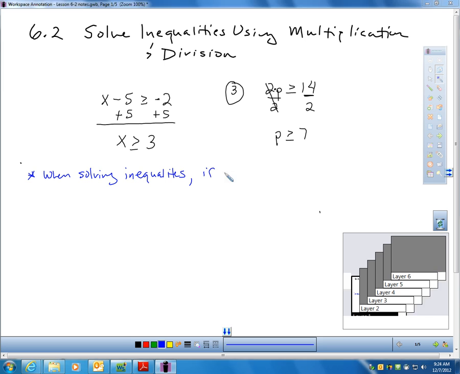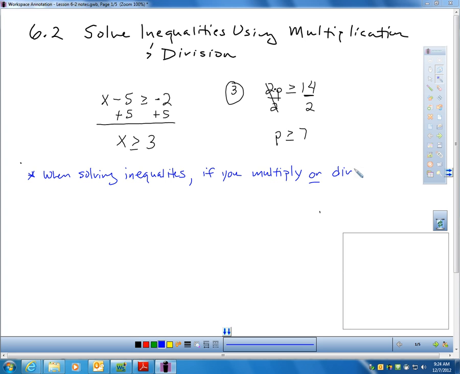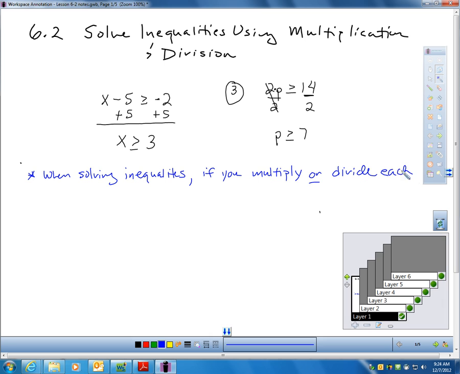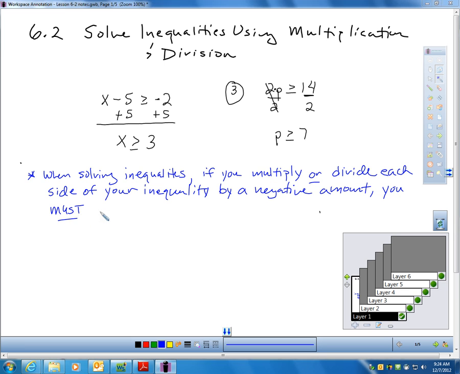So if you multiply or divide each side of your inequality by a negative amount, you must reverse the inequality symbol.